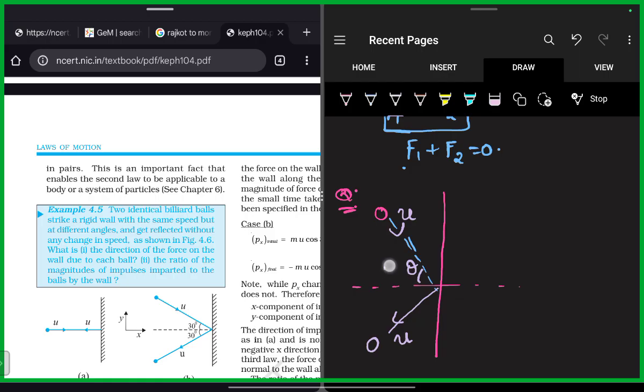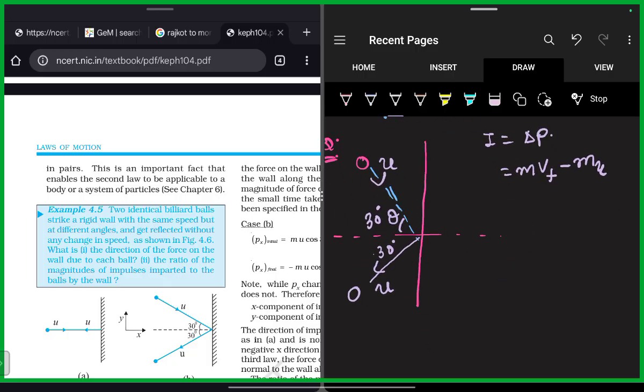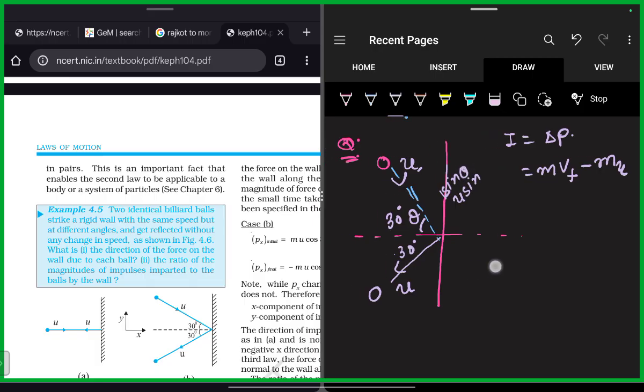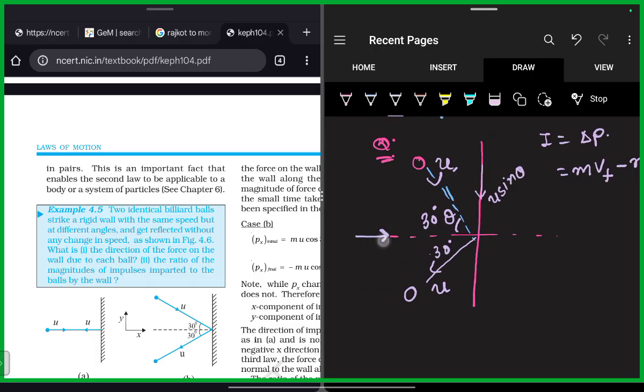So here the angle is given, that is 30 degree. We know that impulse is change in momentum, that means final momentum minus initial momentum. In order to solve this question, we need to find the components of these velocities. So here it will be u sin theta and u cos theta in this direction.